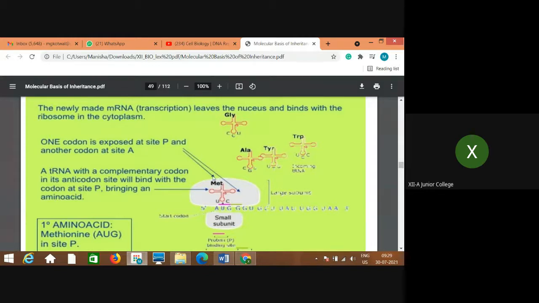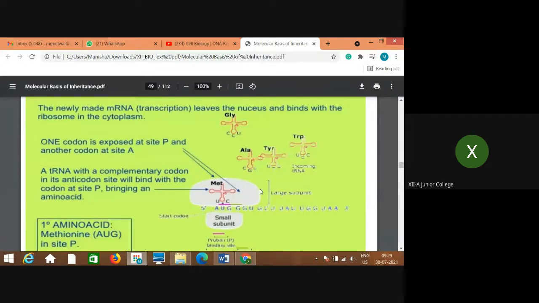Once this peptide bond is formed between the next amino acid and the previous amino acid, the first tRNA becomes free and is released. That is called the exit of this tRNA, and that's why this site is called the E site. Try to understand; I will show you again in the next diagram. So this is the E site, this is the P site, and this is the A site.